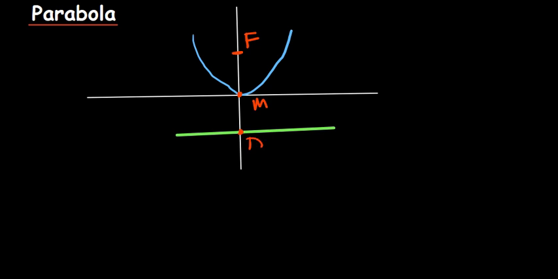Let's call it D. One definition that we've made so far: if you get any point, in this case I've decided to get the vertex, the two distances should be equal, measuring from the focus and to the directrix. The distance is the same for any arbitrary point on the parabola.